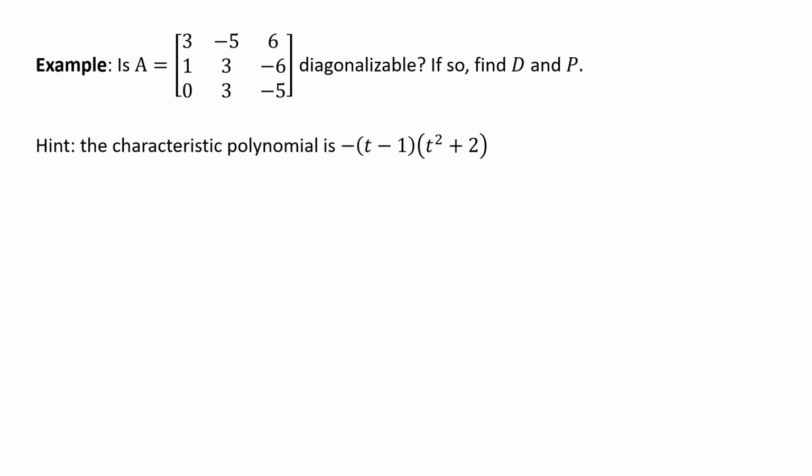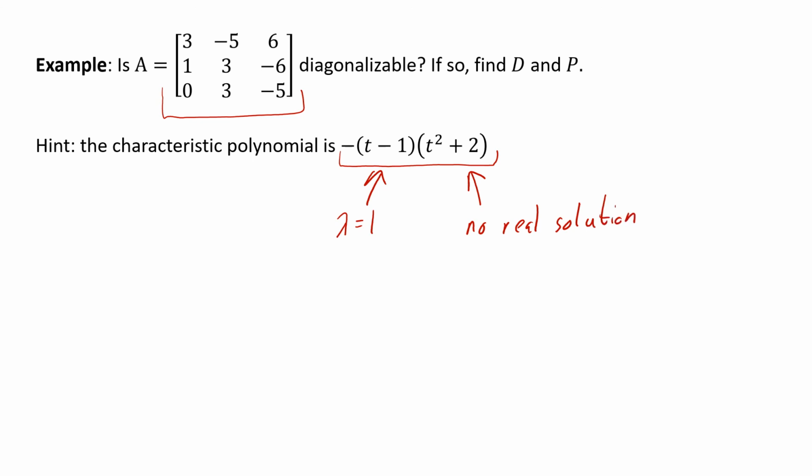Now here's another example. So we have this matrix, and if you work out its characteristic polynomial, you would get this. So is it diagonalizable? Well, take a look at this. The first one, you get lambda equals 1. That's fine. What about the second one? Well, for this second one, notice that there is no real solution. You have only one eigenvalue for it, so that means it is not diagonalizable.